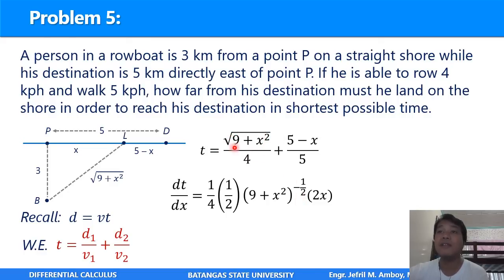So the derivative of 9 is 0 plus the derivative of x squared, which is 2x. So, this is the derivative of the first term.